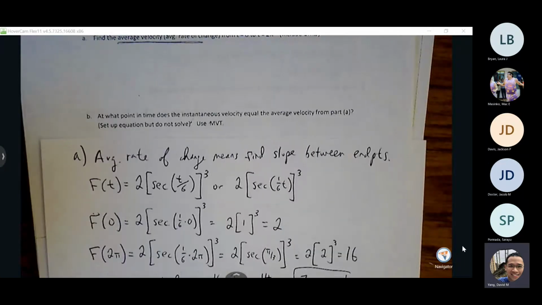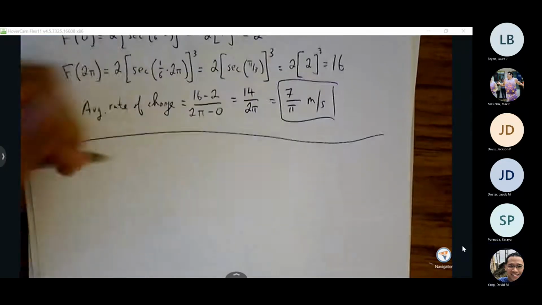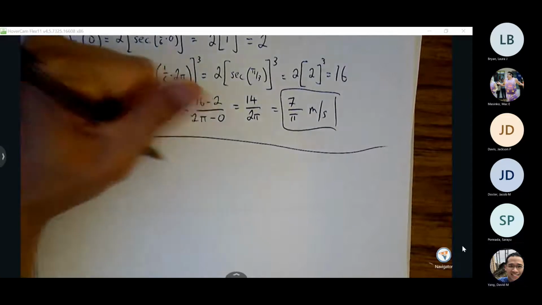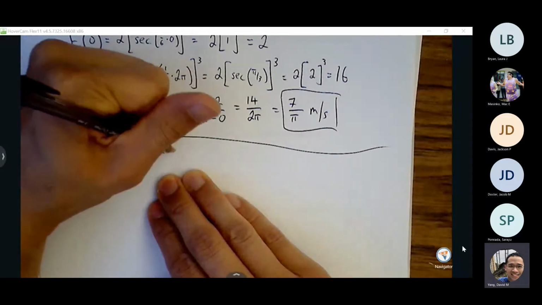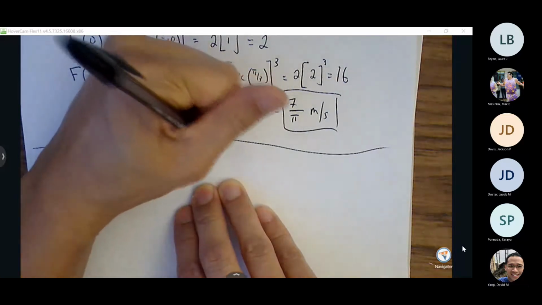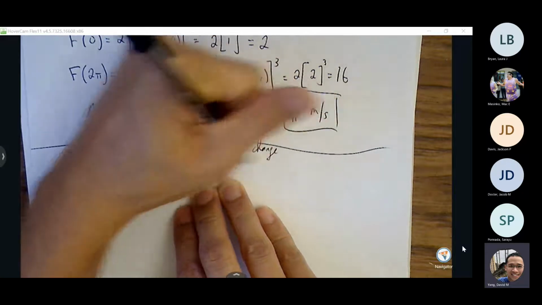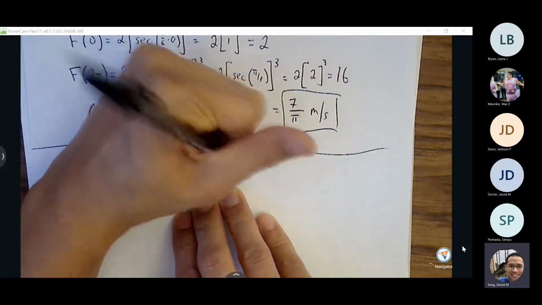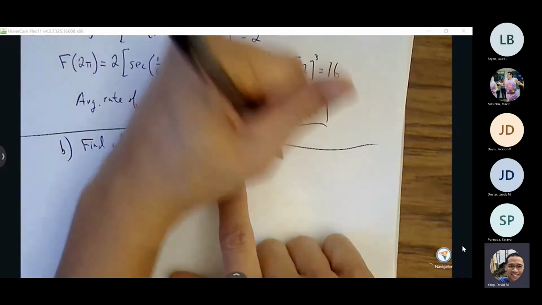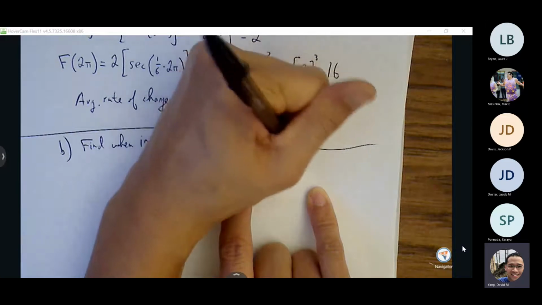Part B. Find when the instantaneous rate of change, I'll abbreviate as ROC, is equal to the average rate of change.